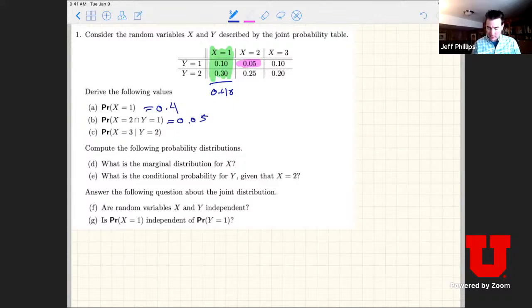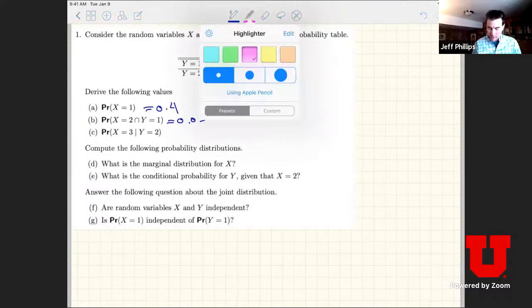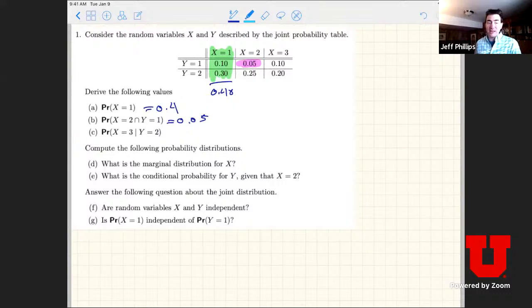And then the next one is the probability that X equals 3, given that Y is equal to 2. Now we're restricting to this column, and we're particularly interested in X equals 3. We need to just look at the aspect within this column.